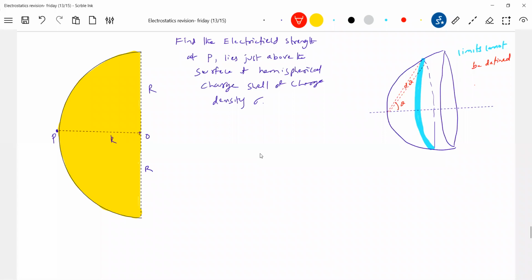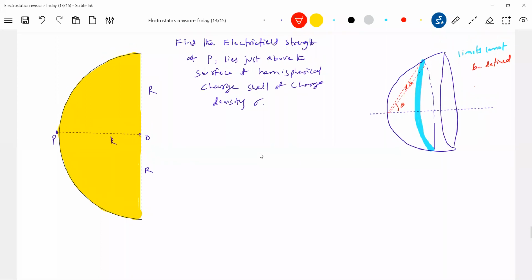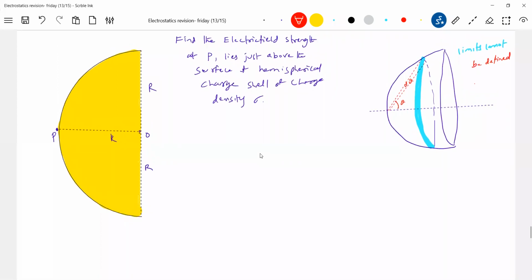Keeping this in mind, what I do is find the field due to a full shell, a conducting charged shell.